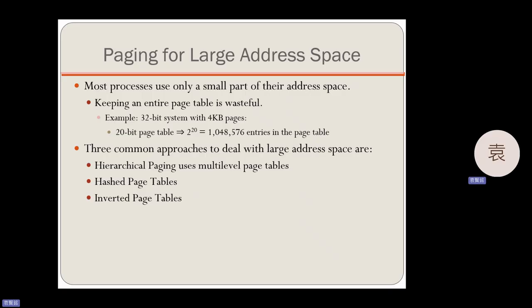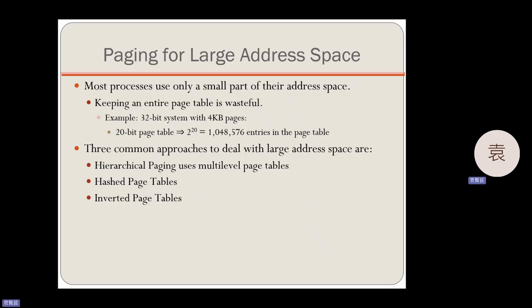If the page table is too large, for example, the page table itself is large enough to occupy more than 1 page, then the page table itself can be paged again. Most processes use only a small part of their address space, so keeping the entire page table becomes wasteful.